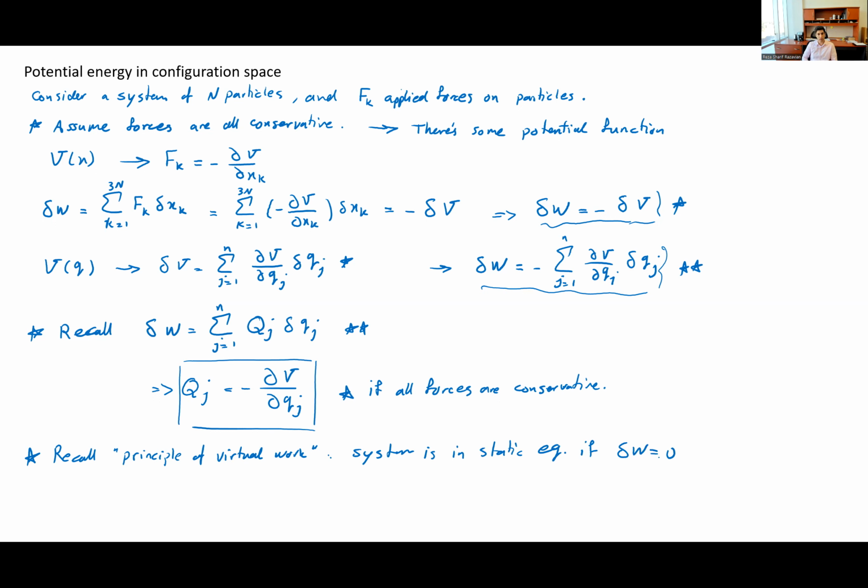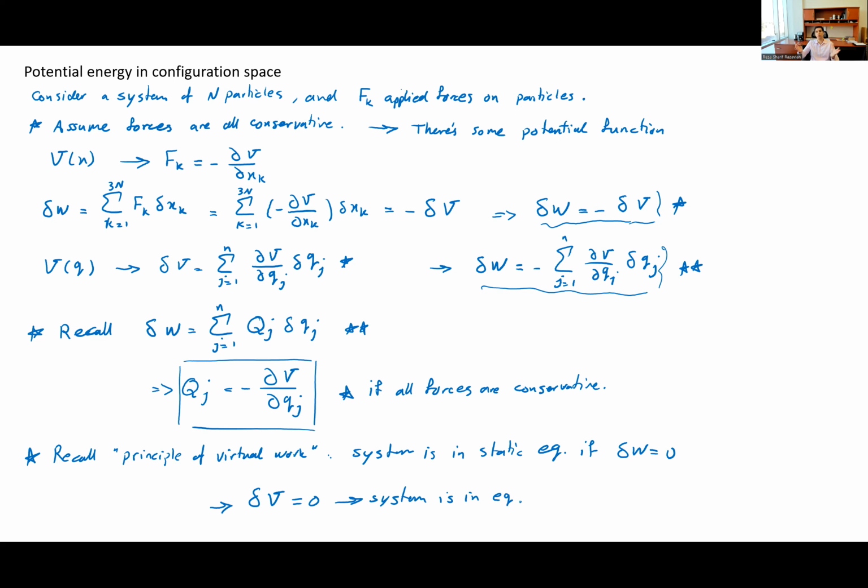That was the definition of this principle: if the virtual work of all applied forces is 0, the system is in static equilibrium. Now, if all forces are also conservative, this means that if δV is 0, the system is in static equilibrium.